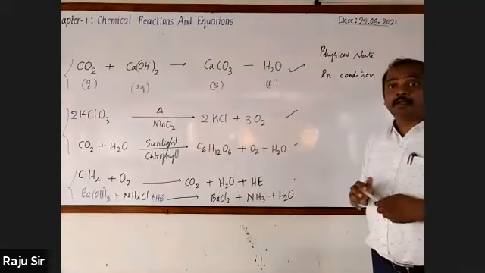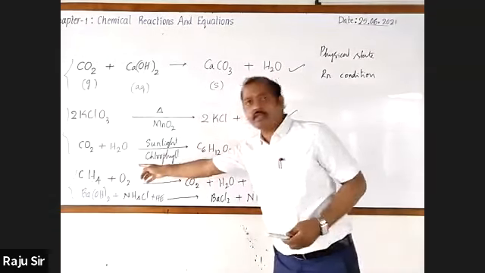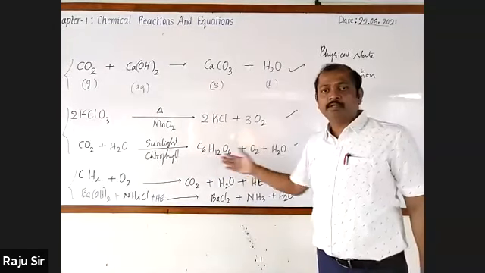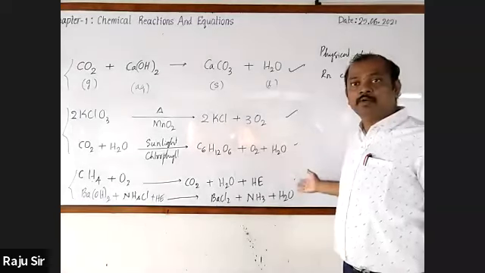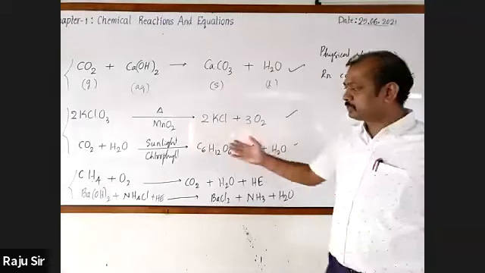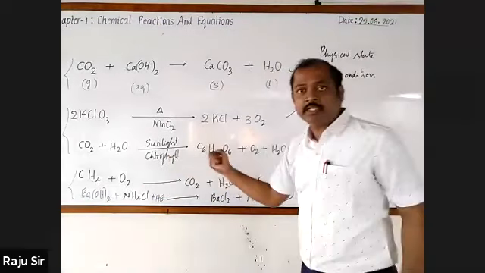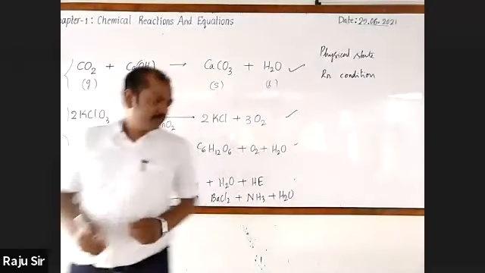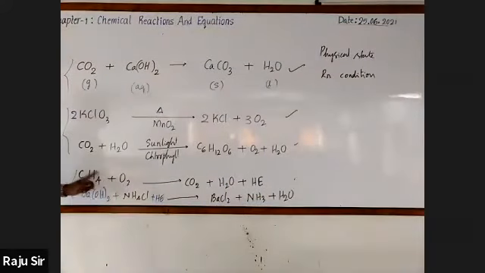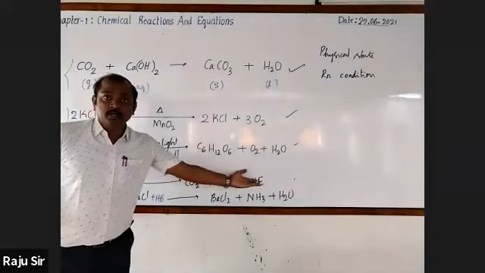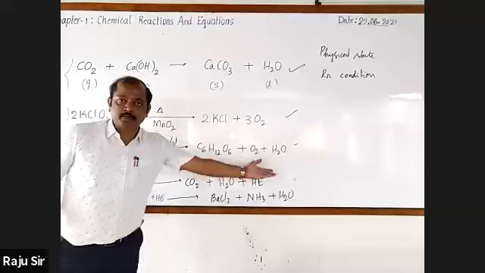And the third one, look at, there are some chemical reactions in which heat is produced. There are some chemical reactions in which heat is absorbed. You know, in this chemical reaction, after the reaction, a good amount of heat energy is being produced.